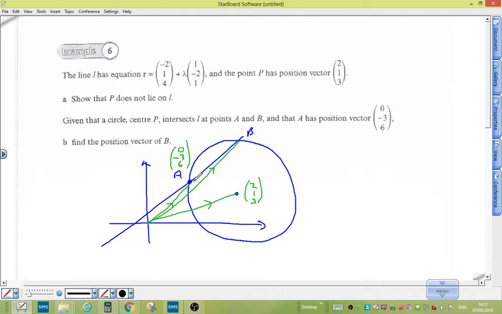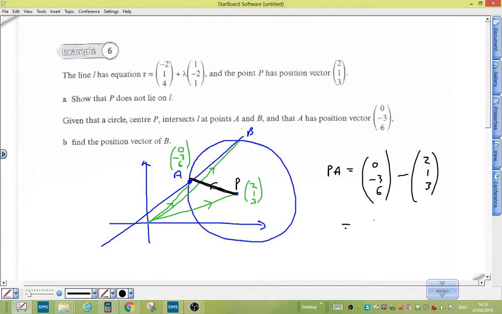Now I know that this vector here is the radius of the circle, and I can also find that by going down here and up there. Okay, so I call that P. If I work out, in fact I'll go that direction, I'll go back along there and up there. So PA is equal to A, which is 0, minus 3, 6, take away P, which is 2, 1, 3.